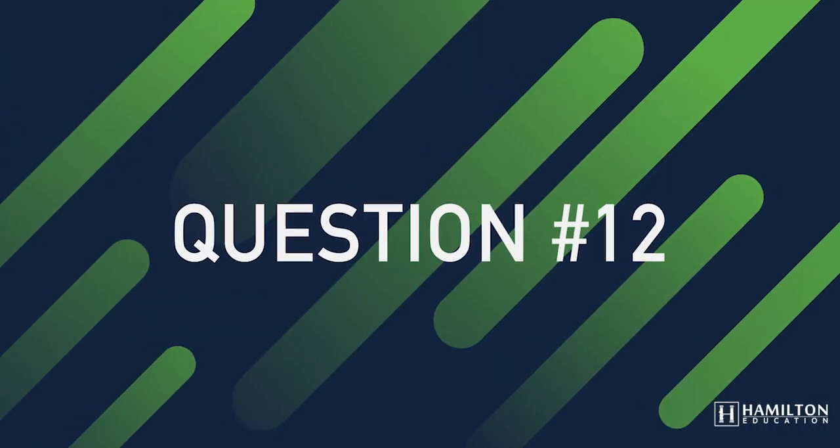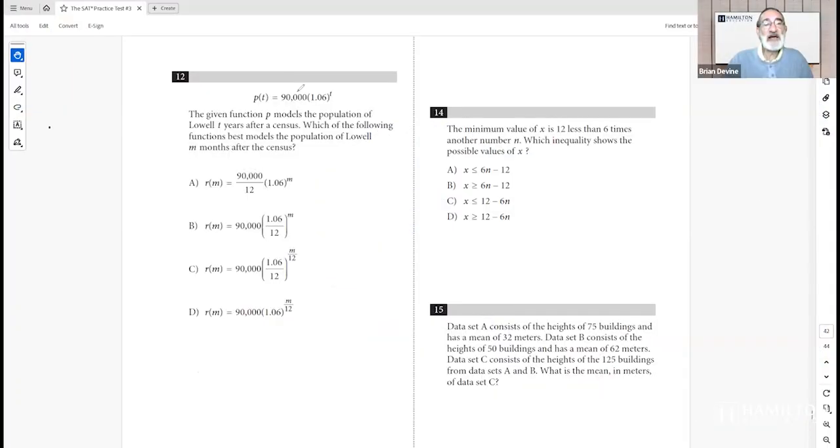Question 12. P of t equals 90,000 times 1.06 to the exponent t. The given function, p, models the population of Lowell t years after a census. Which of the following functions best models the population of Lowell m months after a census?